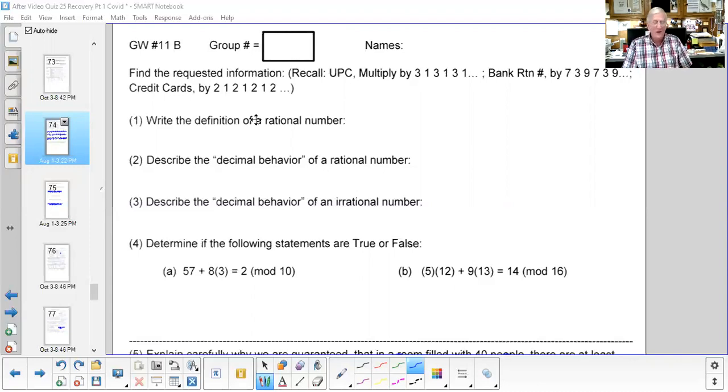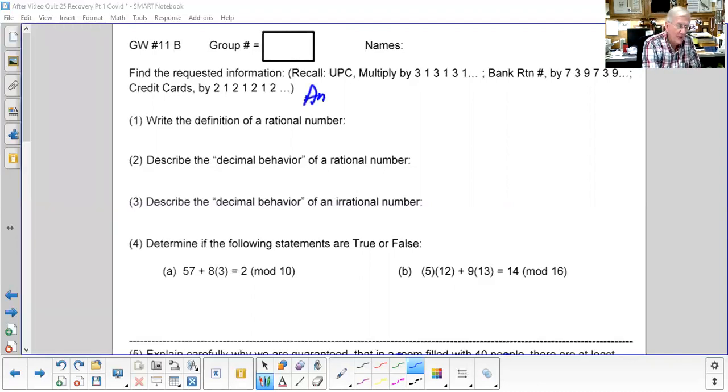All right, the very first thing I asked you to do was once again write the definition of a rational number. I'll just write it down again.